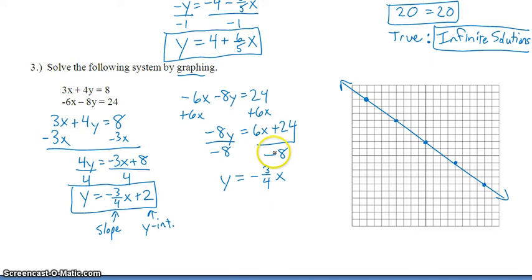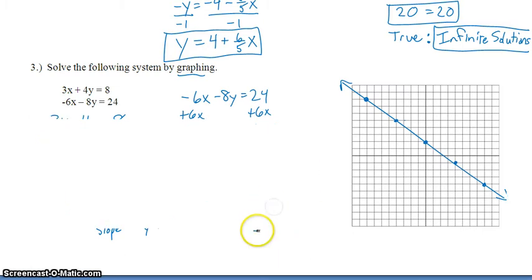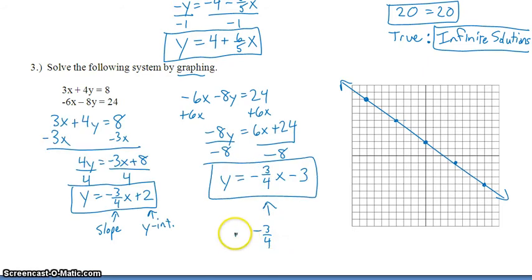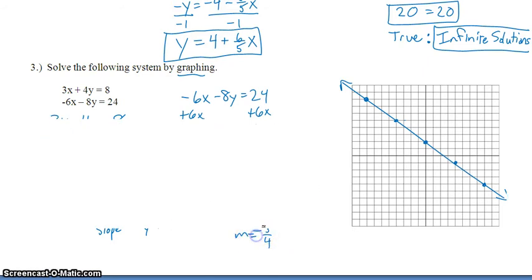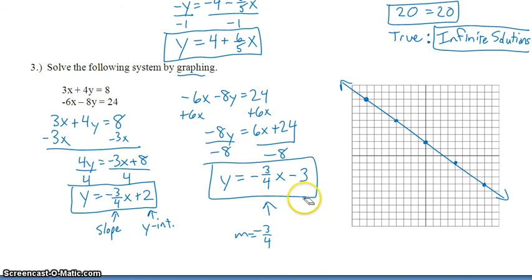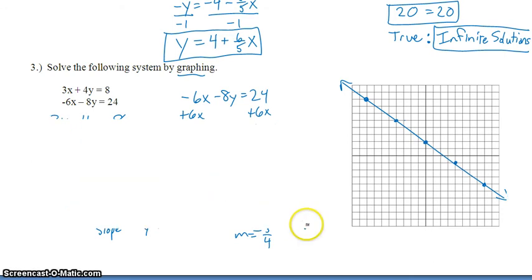Positive 24 divided by negative 8 gives me negative 3. Graph this line. I have a slope of negative 3/4 and a y-intercept of negative 3.